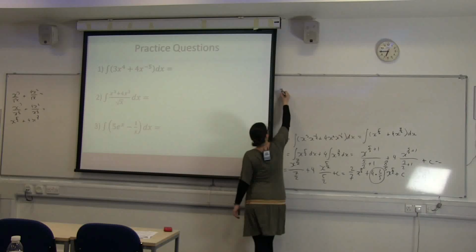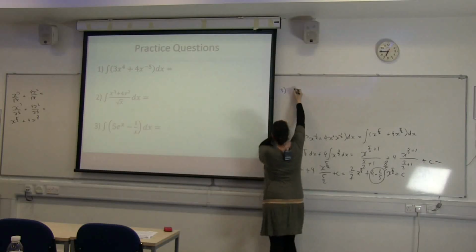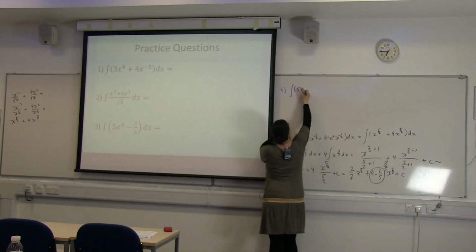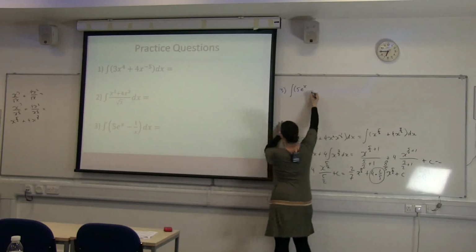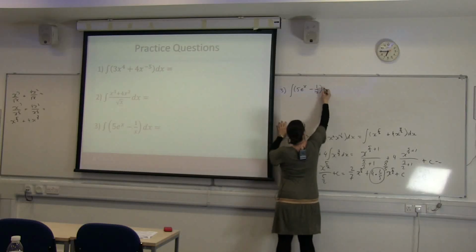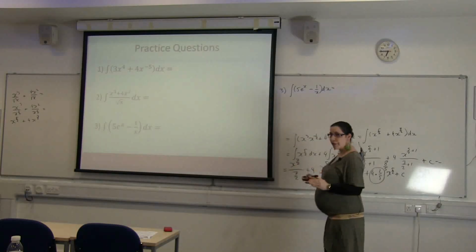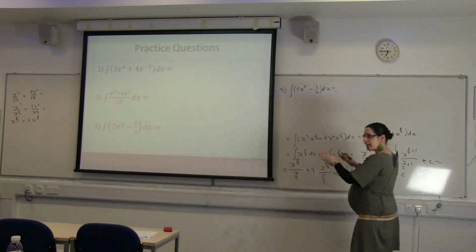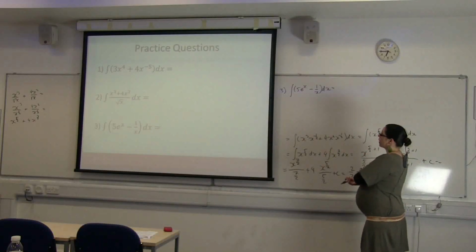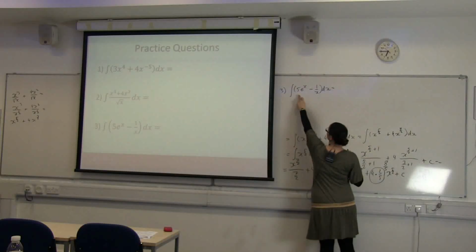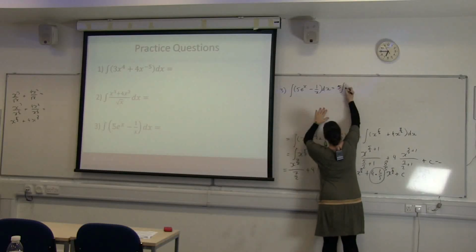Okay, so last question on this slide. So again, there is a difference here, so I can separate it and integrate it term by term. And there is a 5 in here, so that 5 can be brought out.